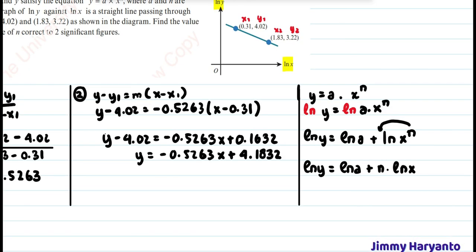Okay, and then as you can see, we already have y equals mx plus c. So the ln y will act as y, and the ln x will act as x, and this one will be the gradient, and this one will be the c.